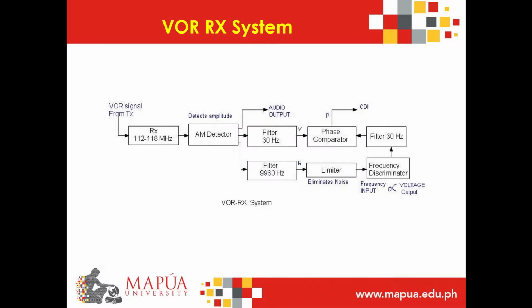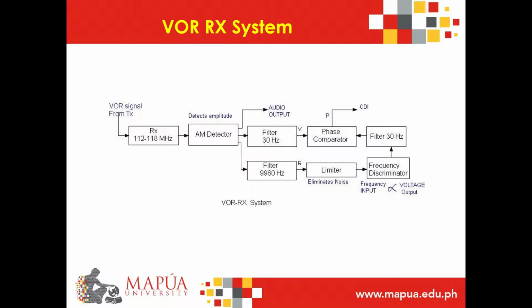In this figure, I will now show you what the typical receiver system looks like for VOR. From the figure, we can see an AM detector, filters, the limiter that eliminates the noise, the frequency discriminator, then it goes to another filter, then it compares the outputs, and it will now be at the output.